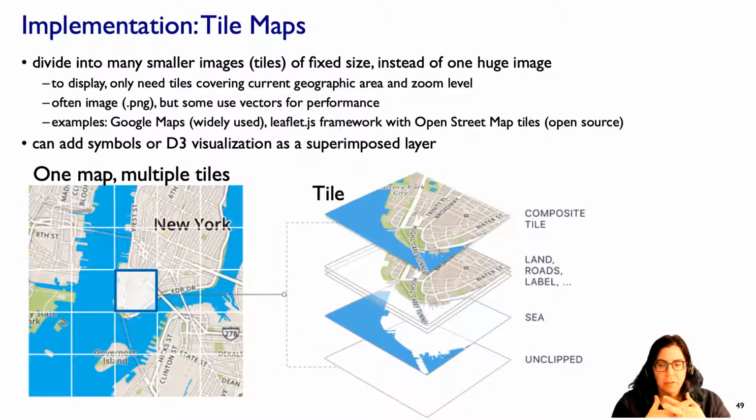And then from a computational point of view, there's a lot of benefits, right? In order to display, you're only going to need the tiles covering the current geographic area, of how far back the camera is. Remember how we talked about cameras and viewports. And so with a camera that has a fixed viewport, you're only going to need some of the tiles.